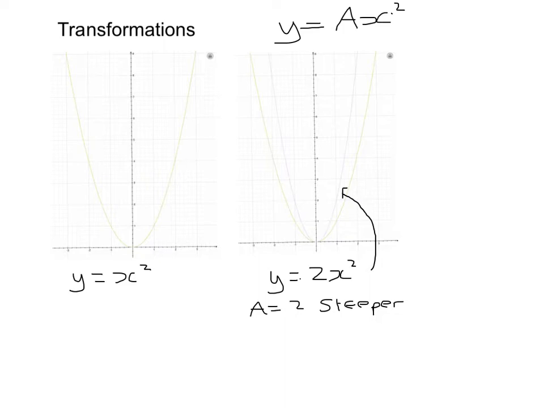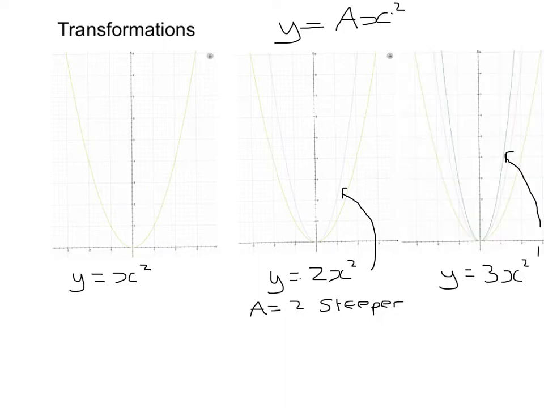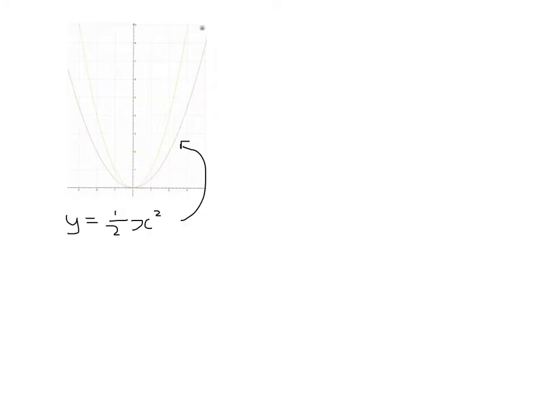Now let's have a look at another one, y equals 3x squared. And if we draw y equals 3x squared, we can see it's even steeper. So what would happen if we wanted to draw y equals a half x squared? We can see here that the graph y equals a half x squared is wider.